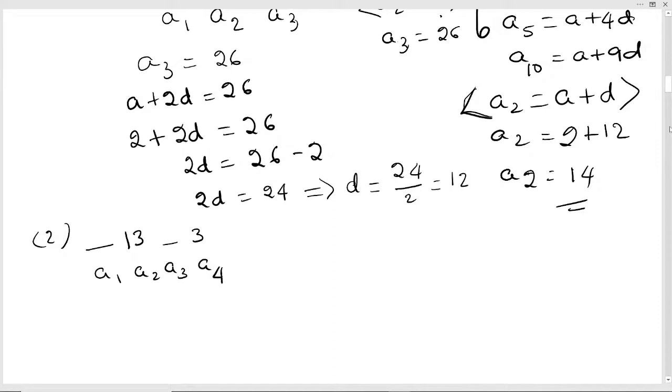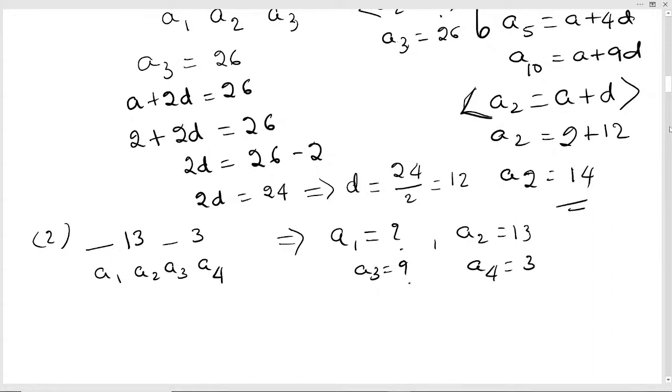So by this we can say that we need to find A1, nothing but the first term, and also they have given the second term. The second term is 13. So the third term we need to find. So the third term will be question mark. The fourth they have given, nothing but 3. Okay.